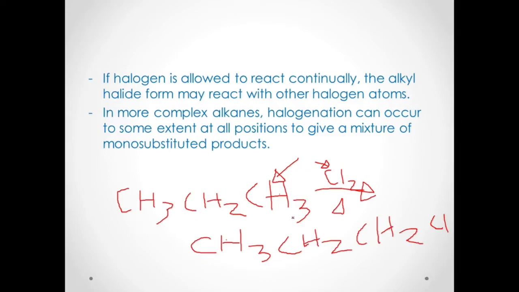However, your Cl can also substitute this hydrogen at the second carbon. That will also be substituted. Then you will expect to have a mixture of monosubstituted products. Therefore, the product would also contain CH3, CHCl, CH3, because one hydrogen is substituted with a Cl.